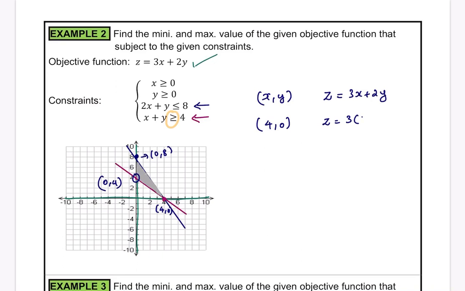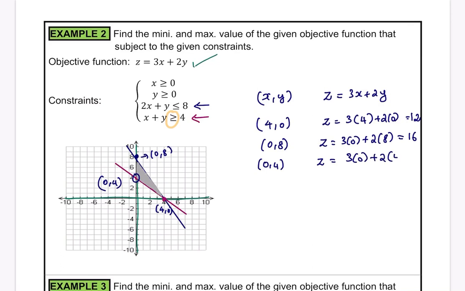So that's going to be 3 times 4 plus 2 times 0, which is 12. When you plug in 0, 8, your z is going to be 3 times 0 plus 2 times 8, which is 16. When you plug in 0, 4, your z is going to be 3 times 0 plus 2 times 4, which is 8. So therefore, the minimum is going to be this one right here, and the maximum is going to be that one right there.